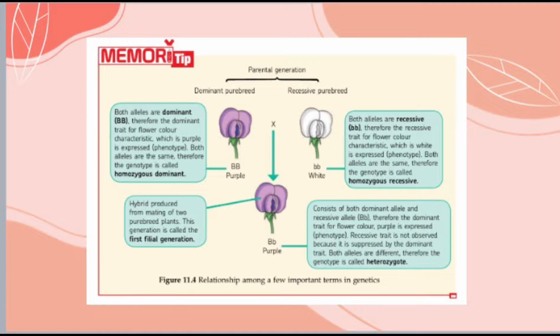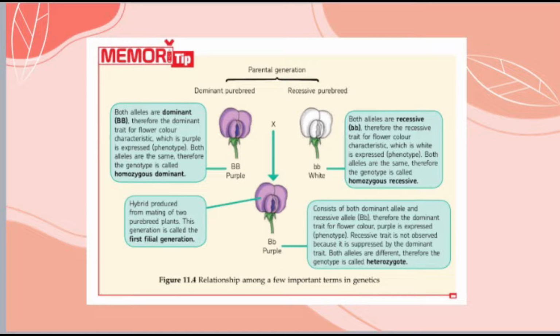Okay, so if we look down at the product, the hybrid produced from mating of two pure breed plants, this generation is called the first filial generation. It consists of both a dominant allele and a recessive allele.